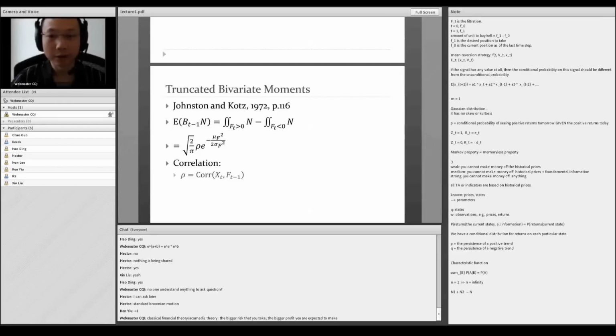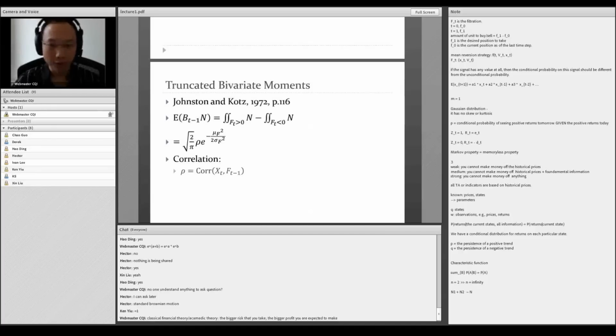So what's the financial meaning of rho? It's okay to do mathematics, but you need the skill to translate math and English back and forth. So you need to ask yourself, when you see rho, the correlation between the asset return and the indicator, what does that mean financially?